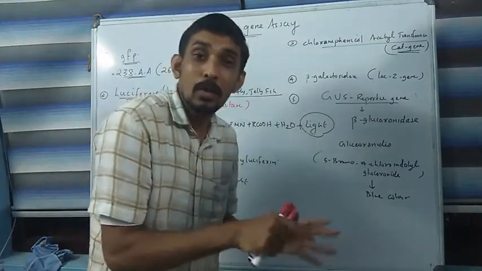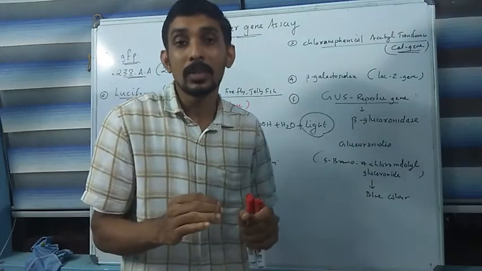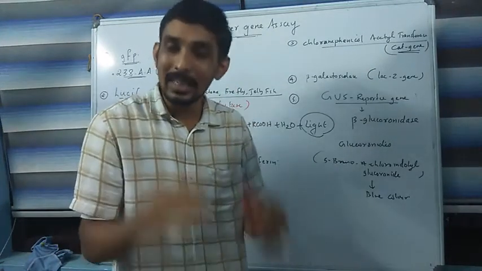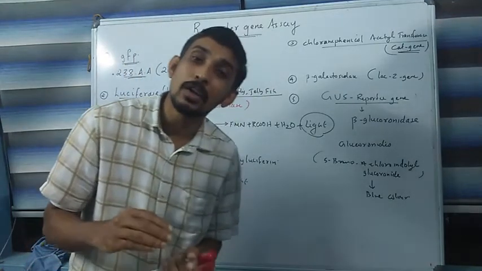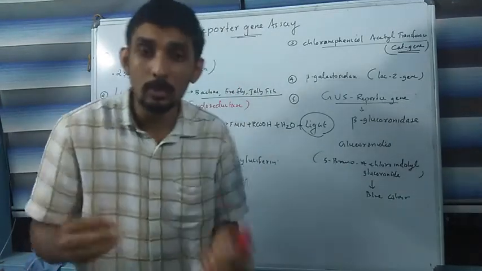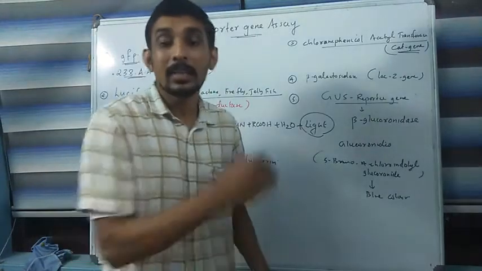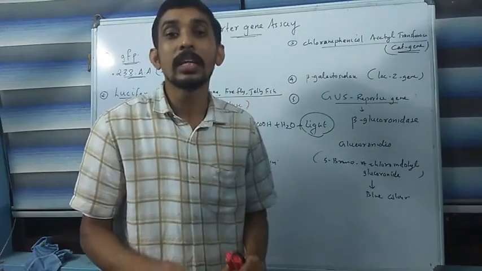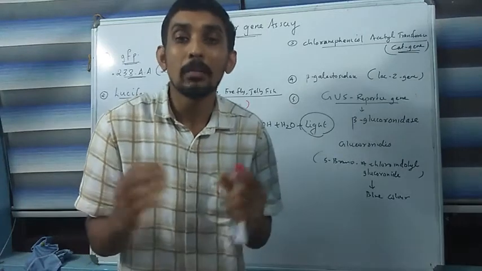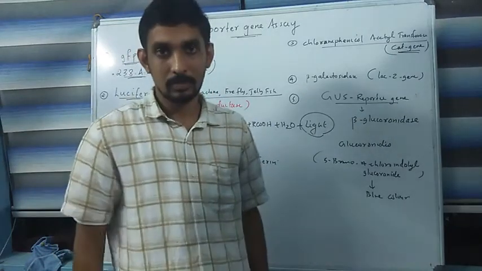If we ligate this beta-galactosidase gene along with the gene which is going to be inserted into the cell, then it gives the bacterial colony a blue color.